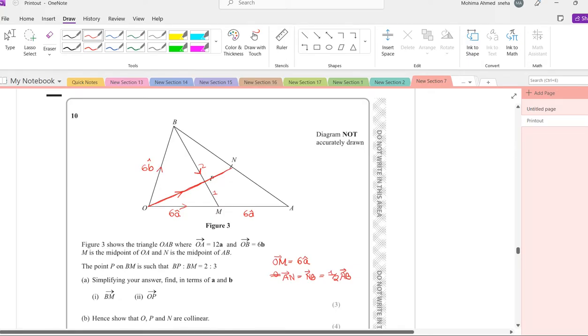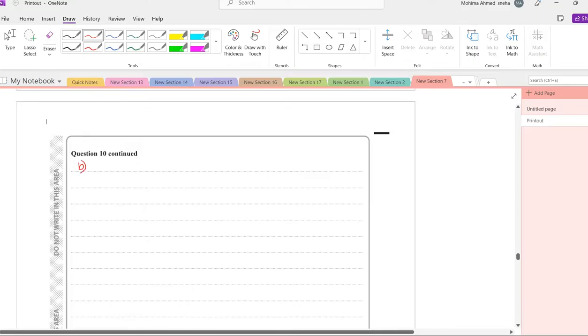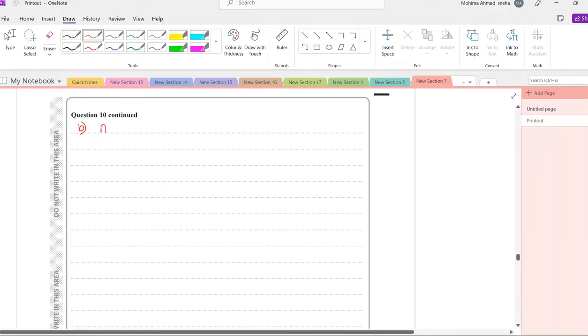In order to find the value for ON, we need to have the value for NB. And NB is obviously half AB. We have already stated that at the start of our explanation. First we need to find the value for AB. So part B is kind of lengthy. Now AB is OB minus OA.